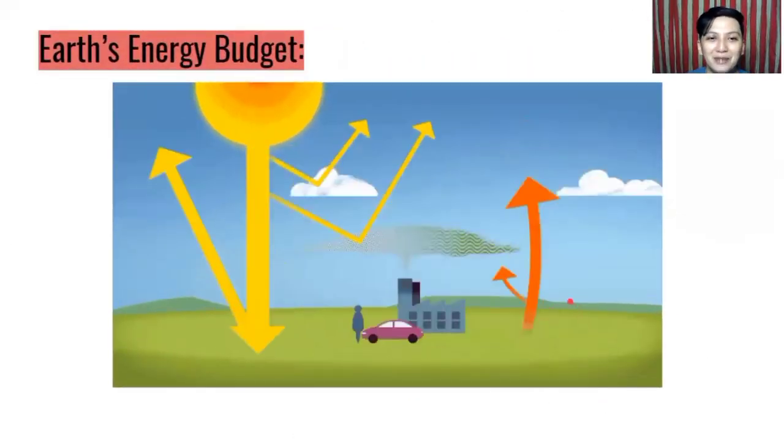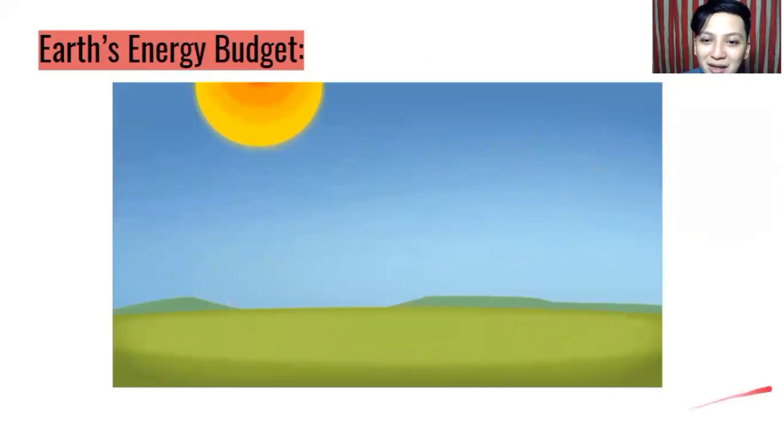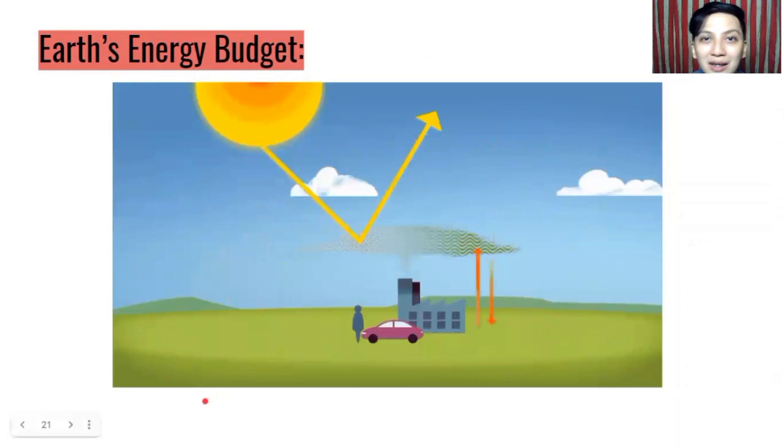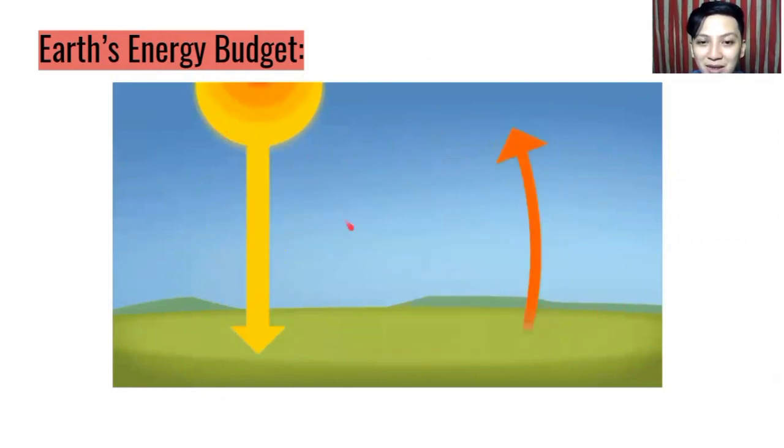And here's the Earth's energy budget. I want you to look at this diagram. So start from the sun. Remember, the main energy came from the sun. And then what happened is that it radiates. Okay, and then we have here the pollution, and it bounced back the heat from the sun.